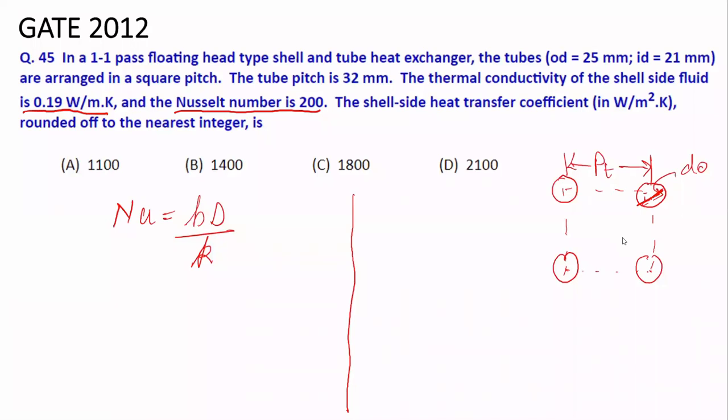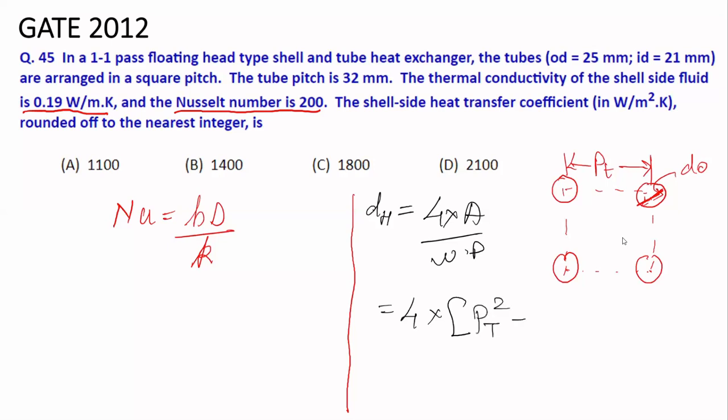We know that the hydraulic diameter is equal to 4 times the area divided by the wetted perimeter. Here, what will be the flow area inside this dotted square? It is 4 times PT square minus the tube region. The tube region inside the square cannot have the shell side fluid flowing through it, so we need to subtract that area from the flow area.